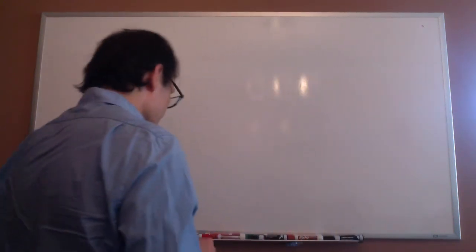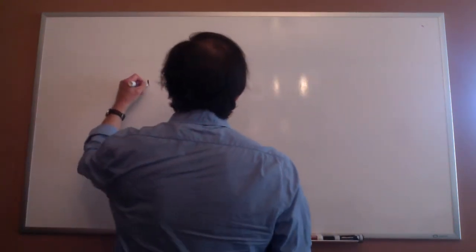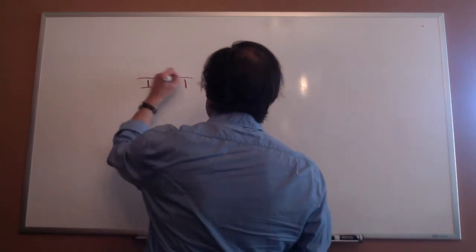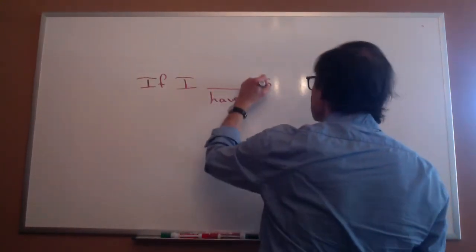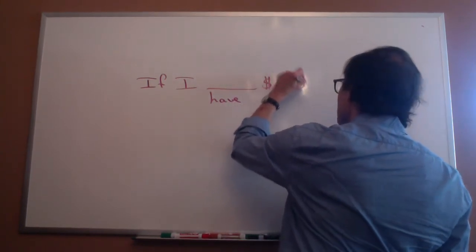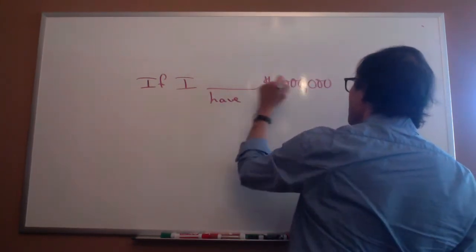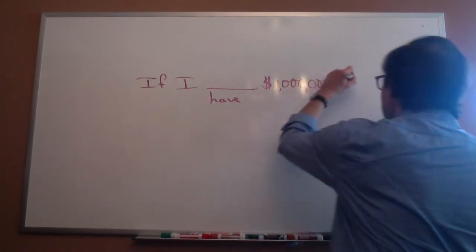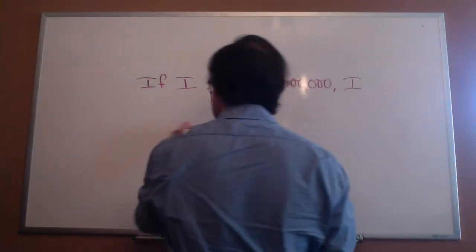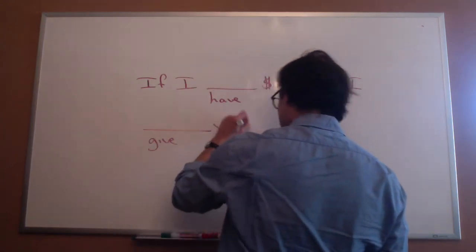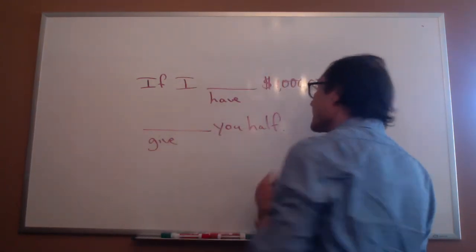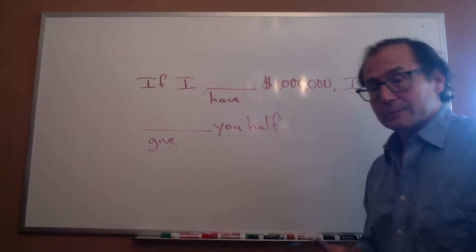So I might say, if I blank have $1,000,000, I blank give you half. Okay?